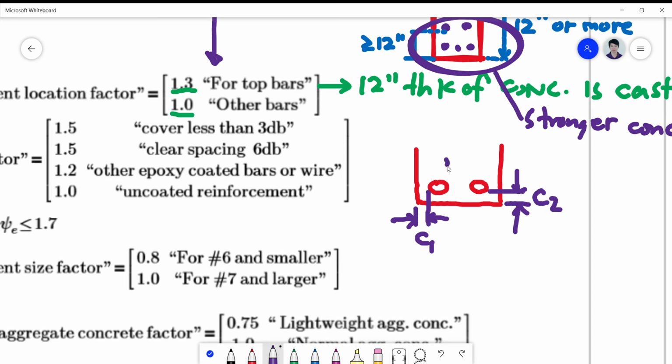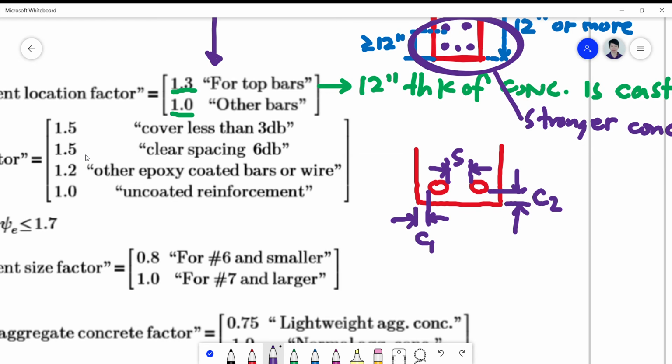And you also have a clear spacing, which is this one here, S. So if the cover is less than 3 times the bar diameter and the clear spacing is less than 6 dB, then your factor psi e is automatically 1.5.